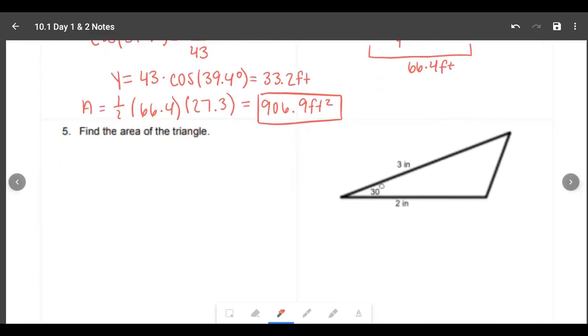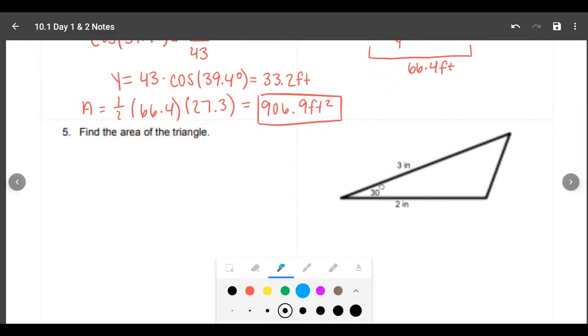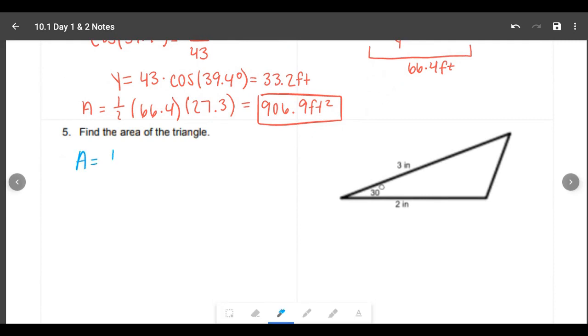Okay. For a problem like number 5, we are going to remember our new area formula, which tells us that the area is going to be 1/2 times our two sides times the sine of our angle. The triangle that's given is side angle side, so we are all set to go.